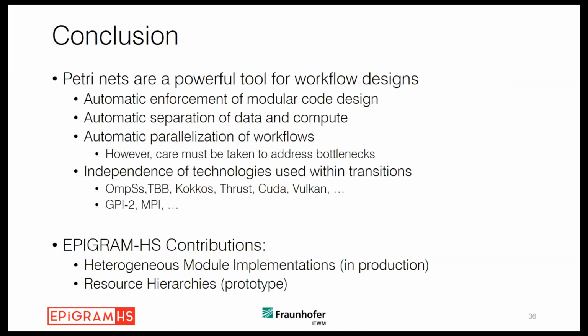Another added benefit, here we are talking of high-level PetriNets. So independence of technologies for the transitions used is given. So once we have a PetriNet, we can exchange the underlying implementation.